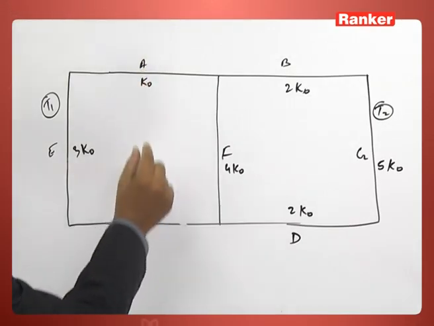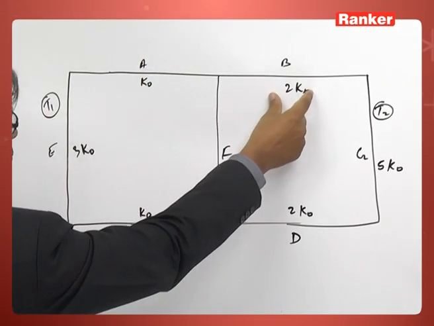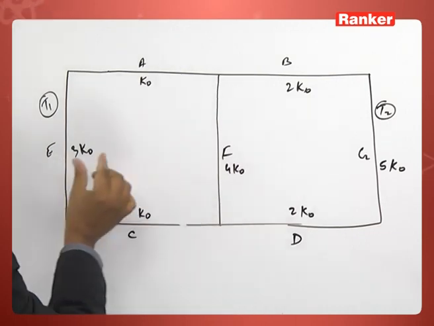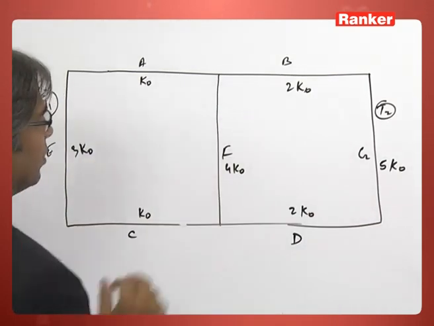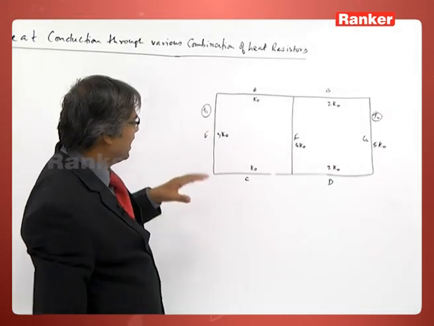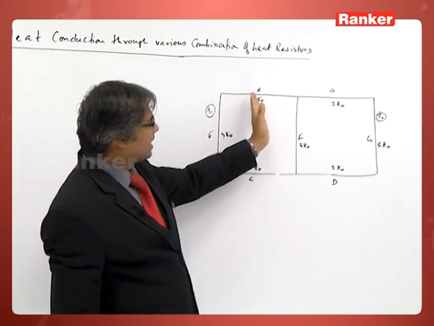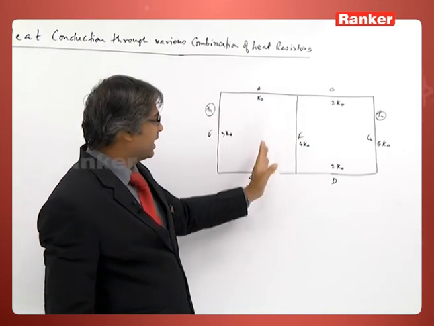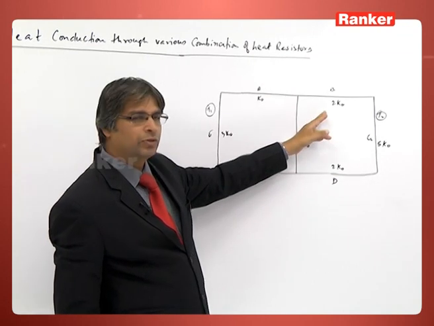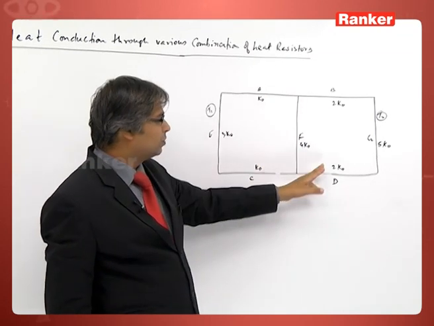This is K naught, here K naught, here 2 K naught, here 2 K naught, 3 K naught, 4 K naught, 5 K naught. So, you see here the ratio of these two conductivities is the same. This is K naught by 2 K naught, K naught by 2 K naught.